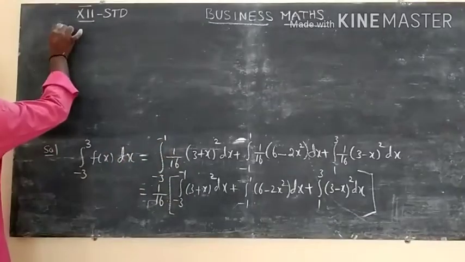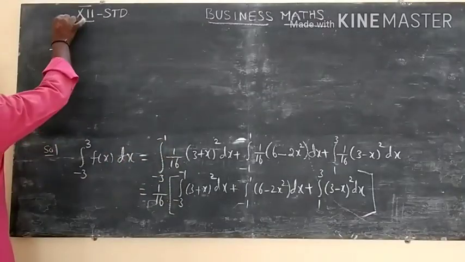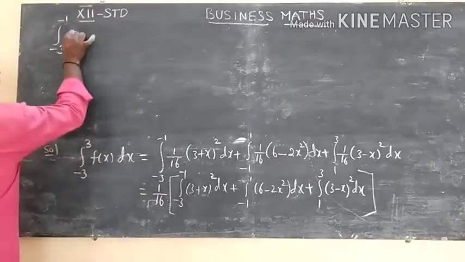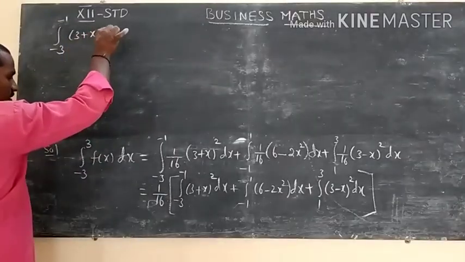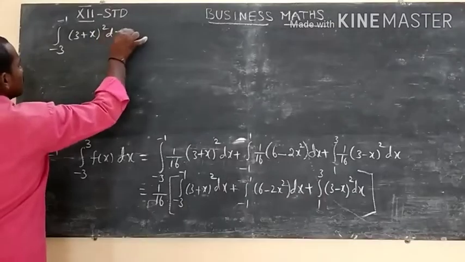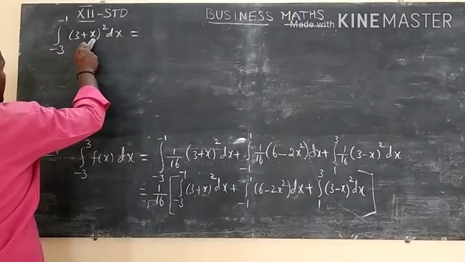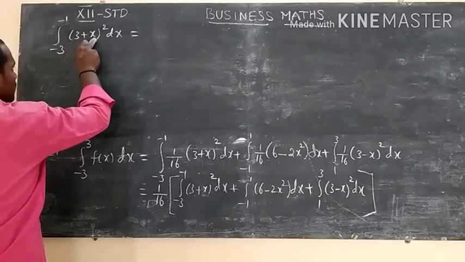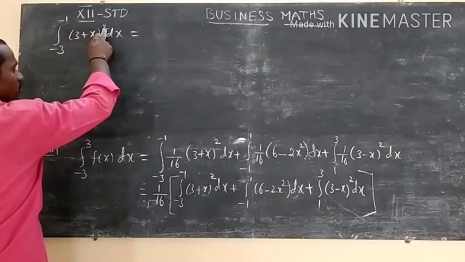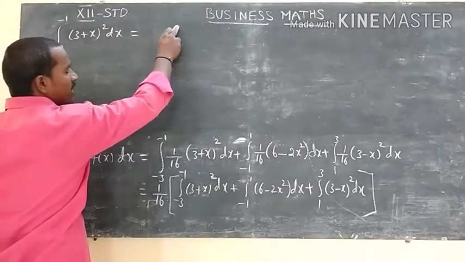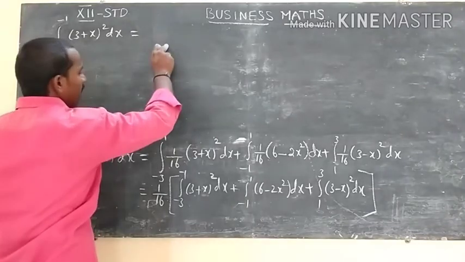Okay. Minus 3 to minus 1, 3 plus x the whole square into dx, which is equal to, okay, this looks like the ax plus b whole power n format. The formula is 1 by a into ax plus b whole power n plus 1 divided by n plus 1.